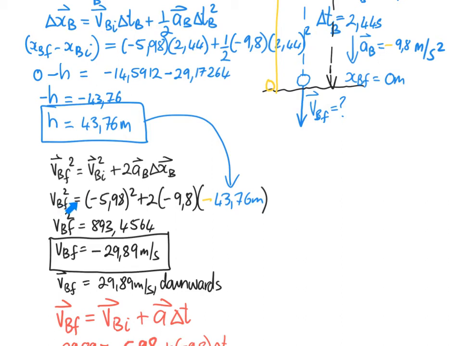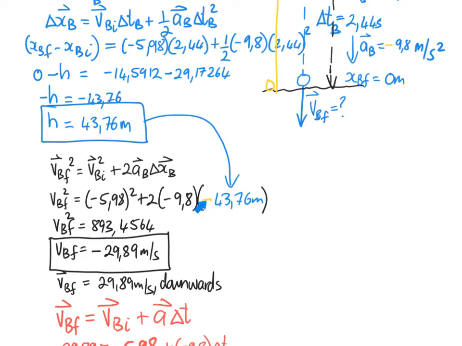We know that vb final squared is unknown. The initial velocity that it was thrown down was minus 5,98, squared, plus 2 times minus 9,8 for a. Delta xb is minus 43,76.